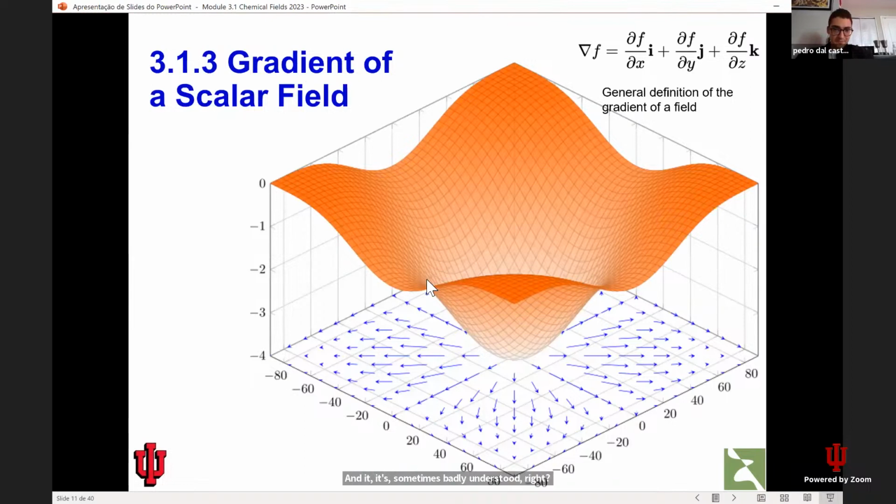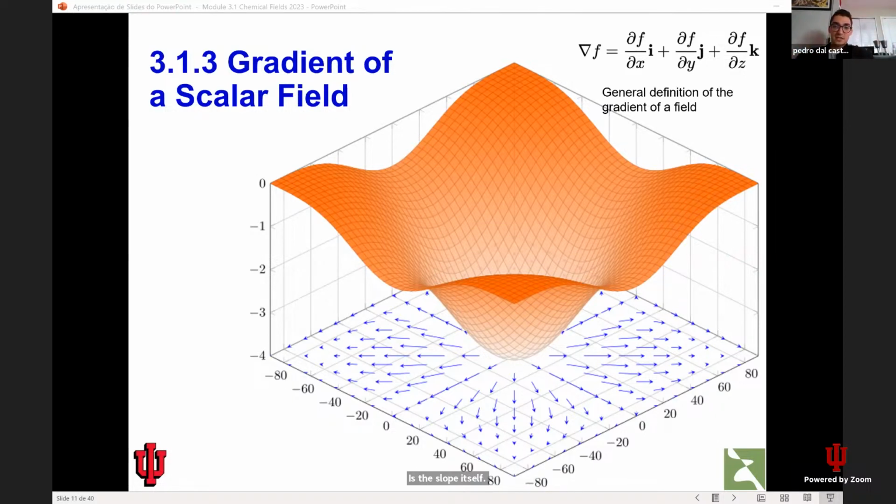So if we have a scalar field here represented by this surface, the gradient would be this field here in the plane. So it's a vector that points towards the direction of highest slope, and the size of the vector is the slope itself, okay?